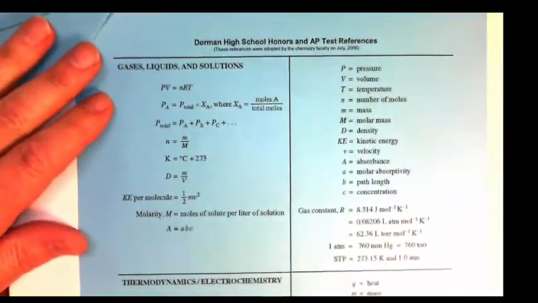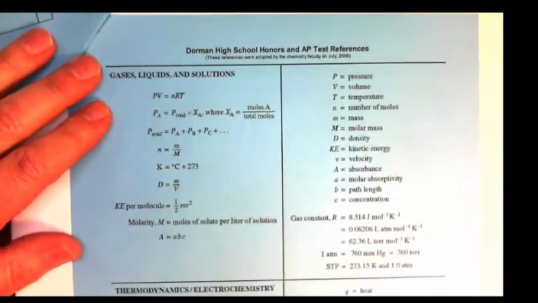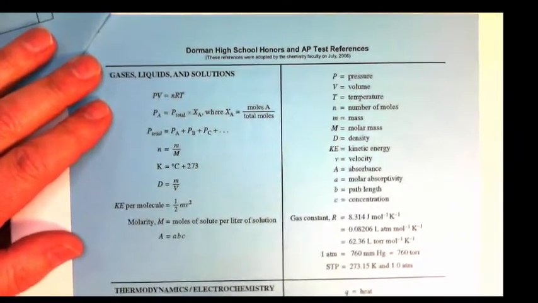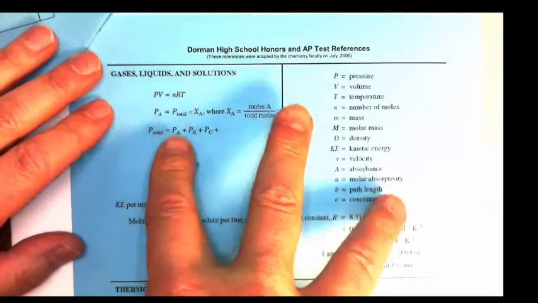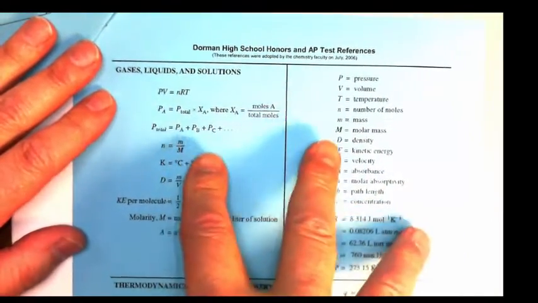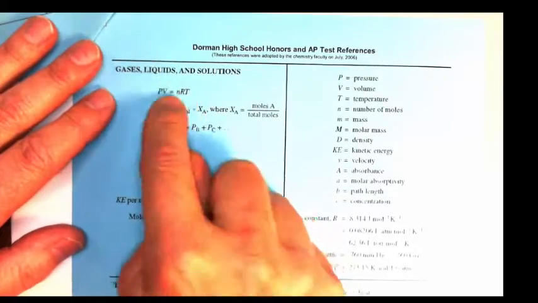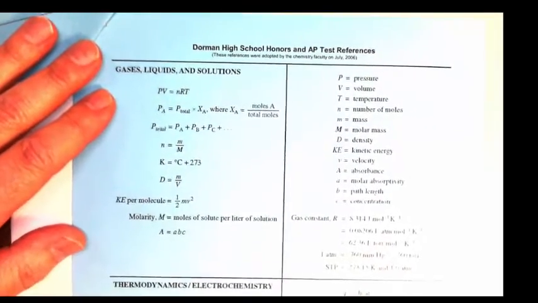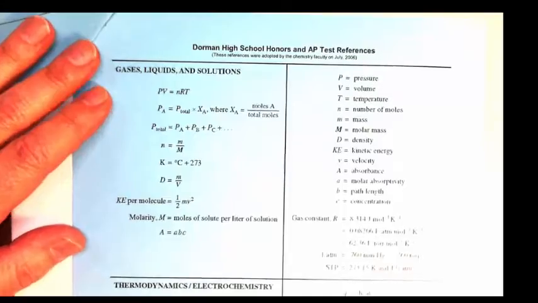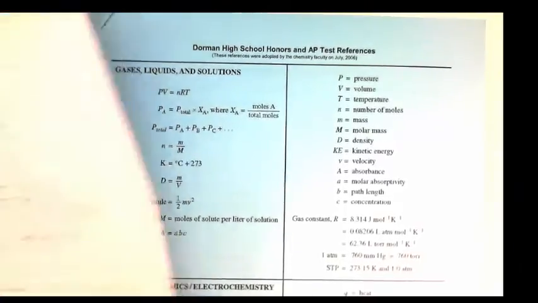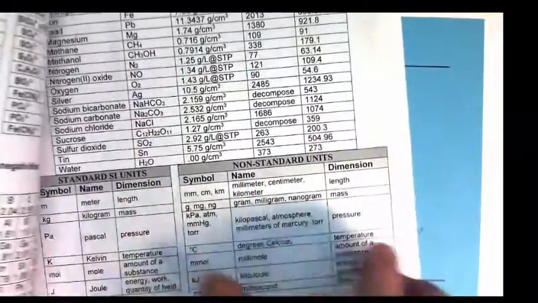And if you are in an honors class, that's a prerequisite for AP Chemistry. This is going to be your set of test references. It's the AP test references, and that's the ideal gas law listed in your references. At least in my honors chemistry classes, the ideal gas law is also listed in your test references.